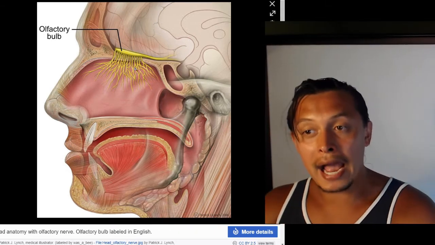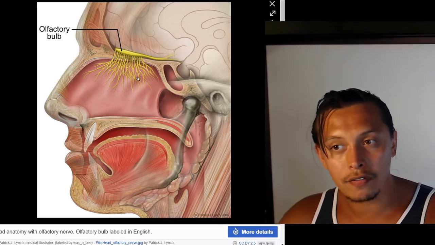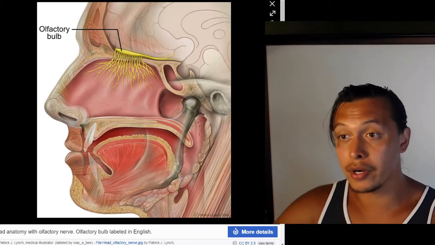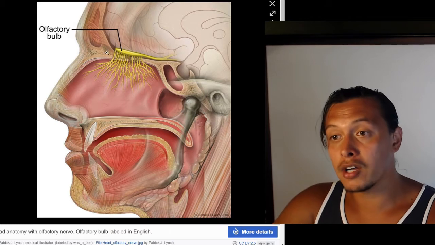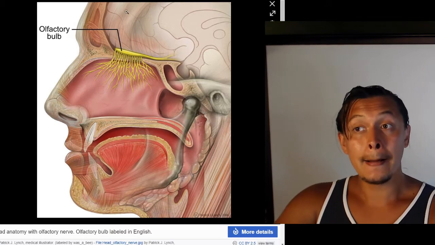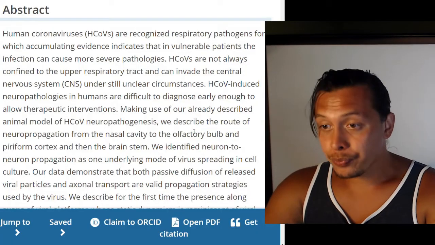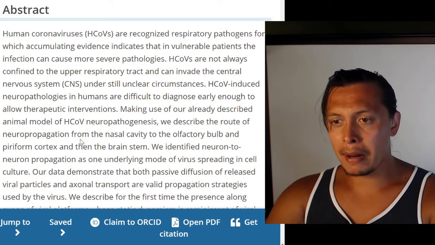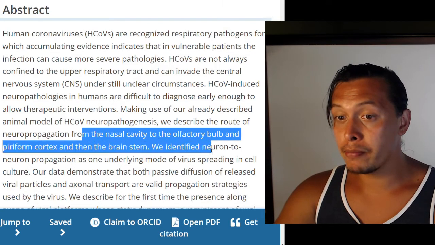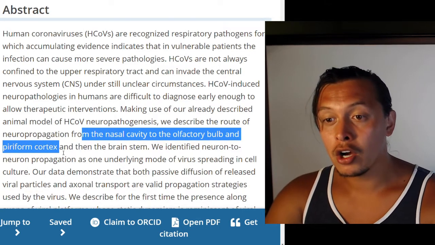Sorry about that. So you have your nasal cavity that has all these neurons that are associated with smelling, and then they all come up into this olfactory bulb, right? So the route of neuropropagation is from the nasal cavity to the olfactory bulb, and then the piriform cortex.